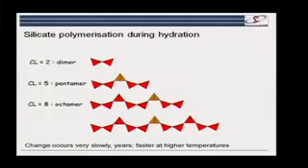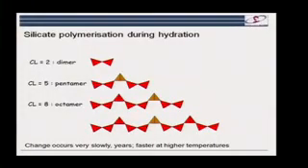So, going about it the other way around, we talked about having missing groups in our silicate chains. In fact, what happens over time is that we start with these little dimers, and then slowly the dimers tend to join together to form pentamers, and then octamers, and then 13 groups here.